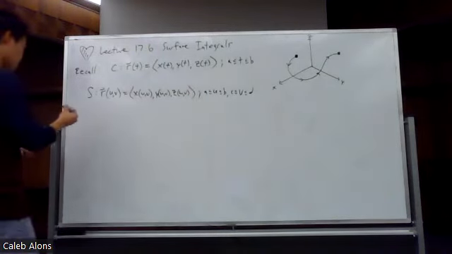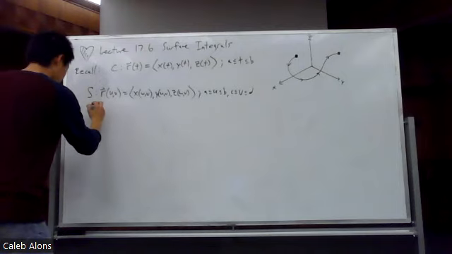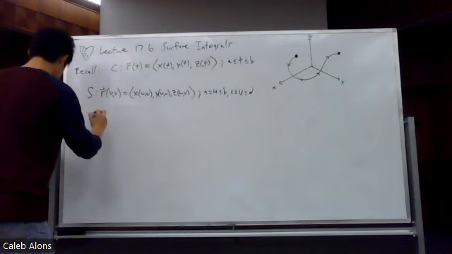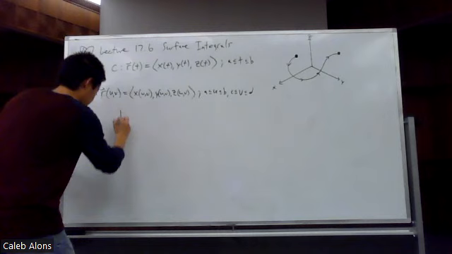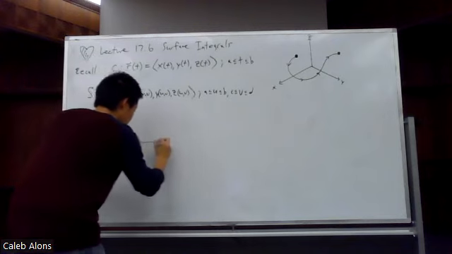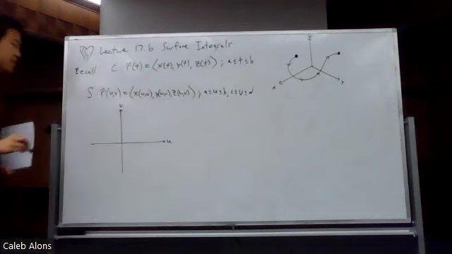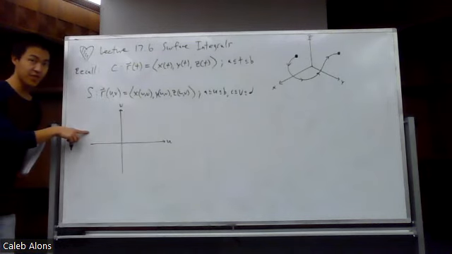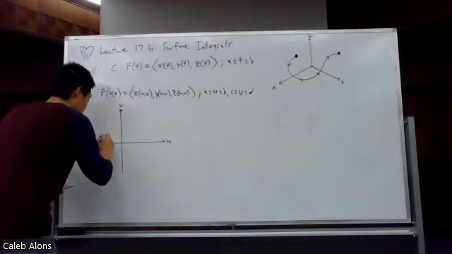Here's what's visually going on. Let me draw this a little bigger so I can see well. Suppose this is u, suppose this is v. So this is not xy space, but this is uv space, okay? And suppose a is right here.